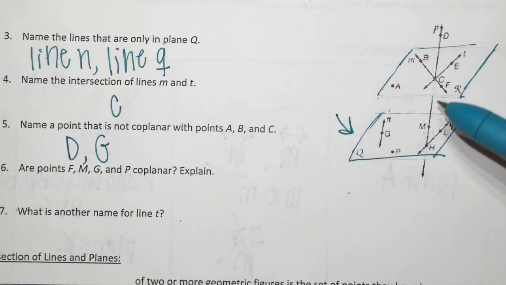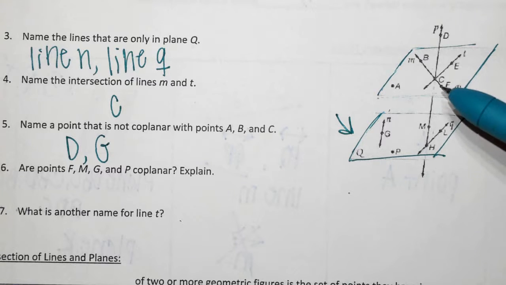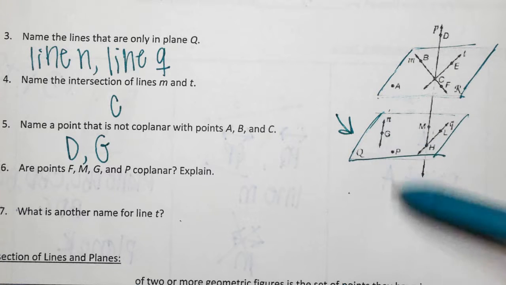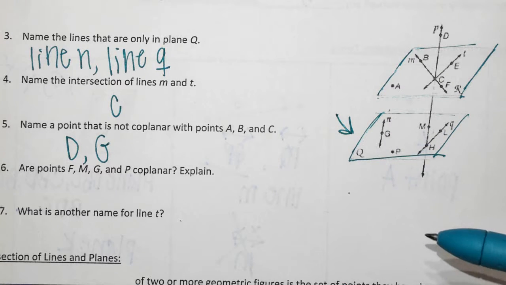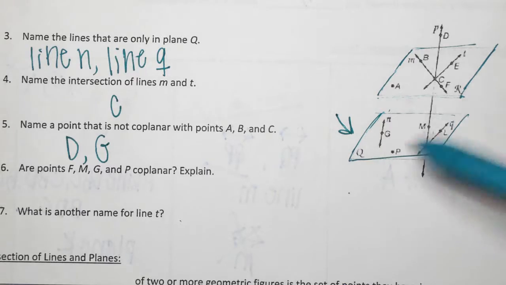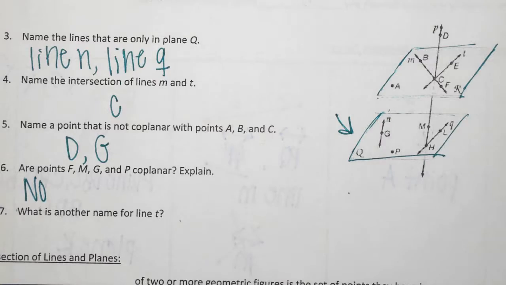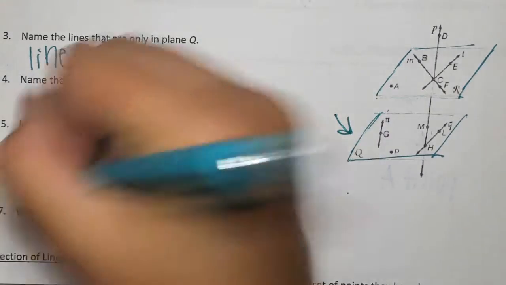Are points F, here's F, M, here's M, G, here's G, P, coplanar? No, they're not. Explain using your own words. Write it down. Take 10 seconds. Why are they not coplanar?